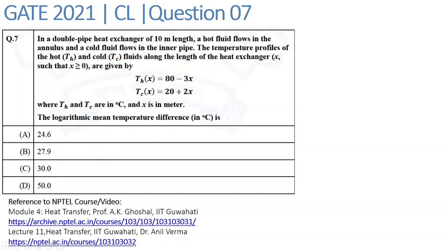The temperature profiles of the hot TH and cold TC fluids along the length of the heat exchanger x, such that x is greater than 0, are given by these two equations, where TH and TC are in degrees Celsius and x is in meter. The logarithmic mean temperature difference in degrees Celsius is, so we have an MCQ type of question, and we have been asked to find the log mean temperature difference LMTD for this double pipe heat exchanger.